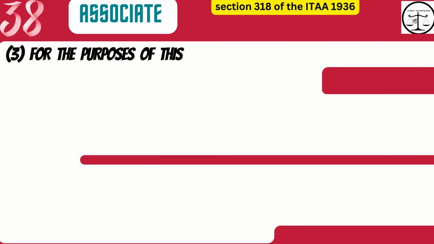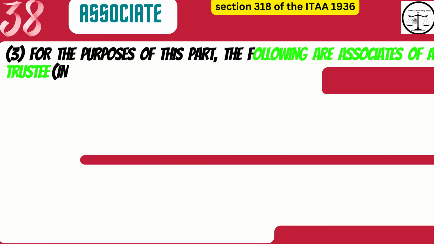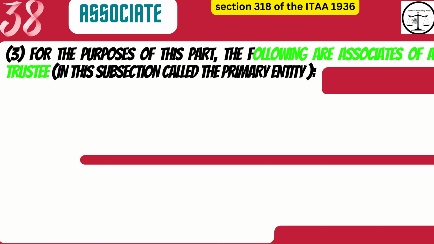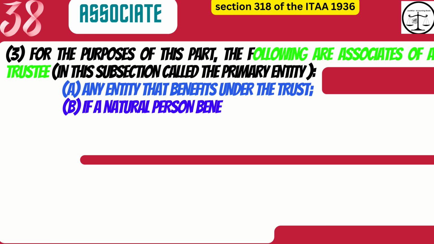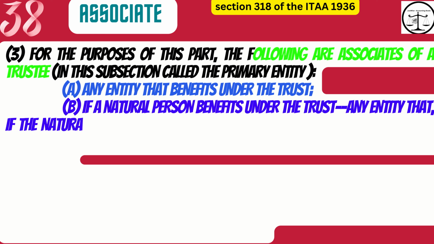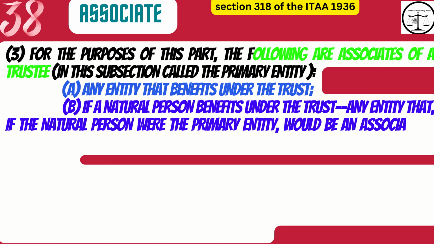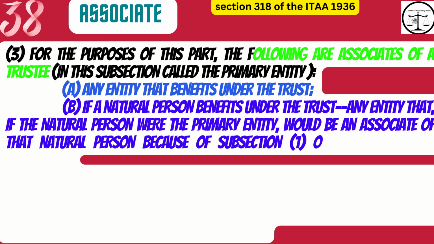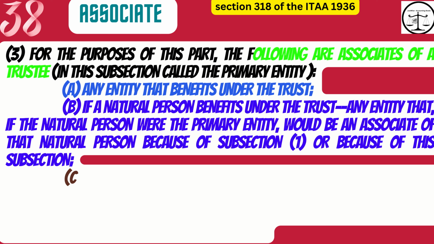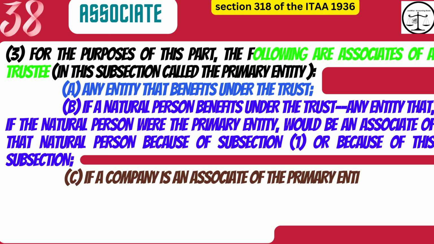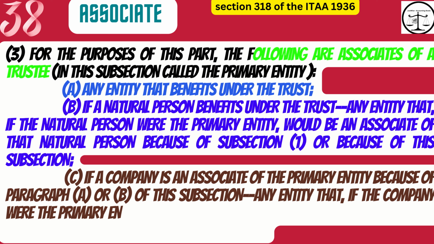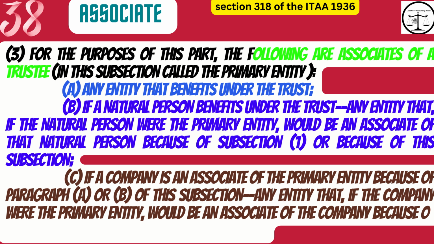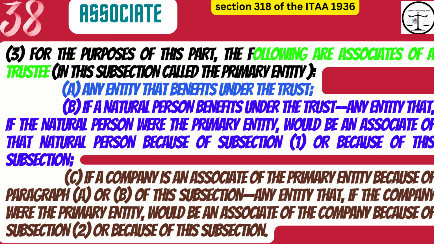3. For the purposes of this part, the following are associates of a trustee, in this subsection called the primary entity. A. Any entity that benefits under the trust. B. If a natural person benefits under the trust, any entity that, if the natural person were the primary entity, would be an associate of that natural person because of subsection 1, or because of this subsection.